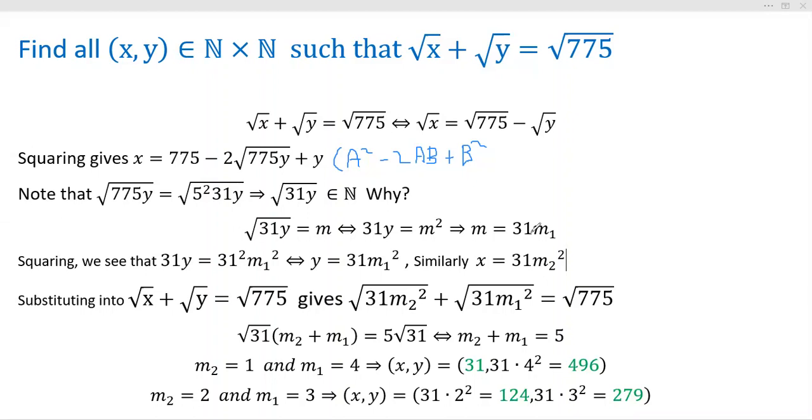In a similar fashion, we could have isolated y and we would have gotten x is equal to some other multiple of 31. These two statements are very important. We get x and m are multiples of 31 squared. Sorry, they're multiples of 31. I didn't quite say that correctly.